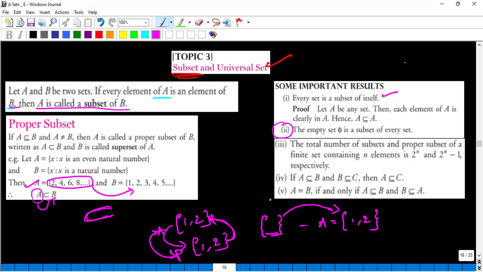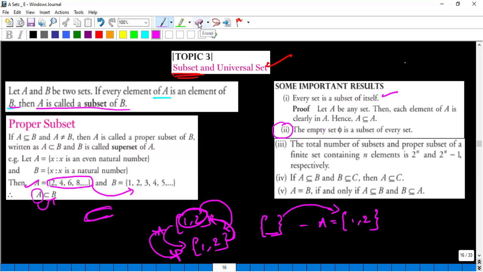Our condition is that all the elements must be there in the other set, and then that set is known as a subset of the other set. But here none of the elements is there in this set, so definitely it belongs to the particular set. You need not prove anything because there are no elements in it, so obviously it will be a subset. Just remember, the empty set is a subset of every set.